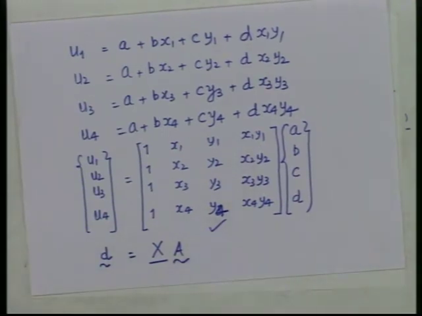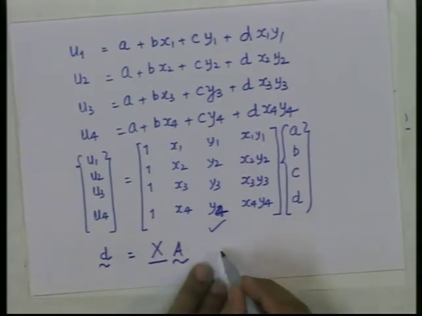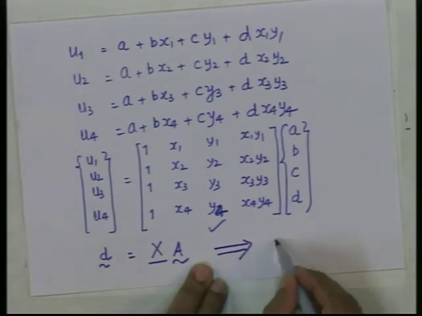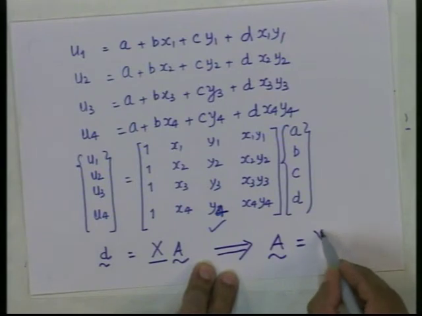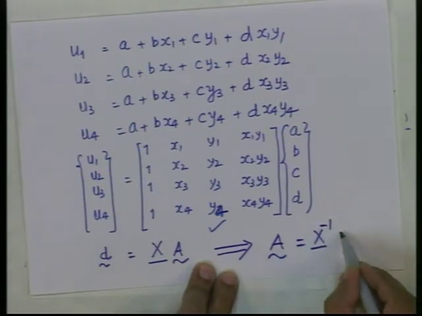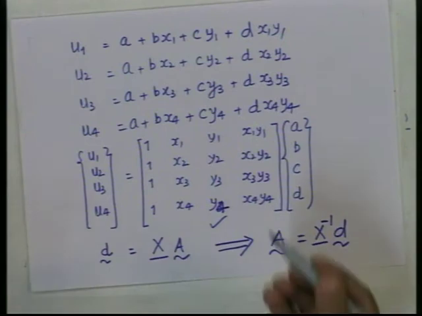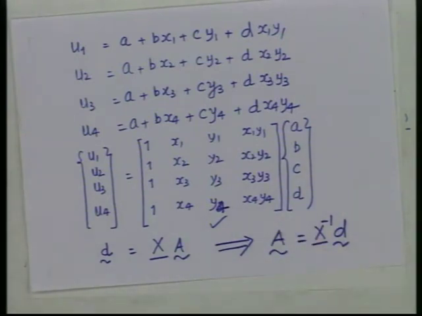So, if A is the unknown, A can be found out from here. But this is not a good method. This is not something that you would like to do, solving 4 equations in 4 unknowns.